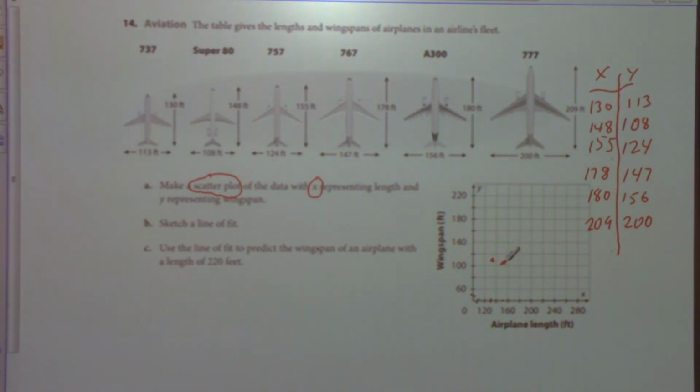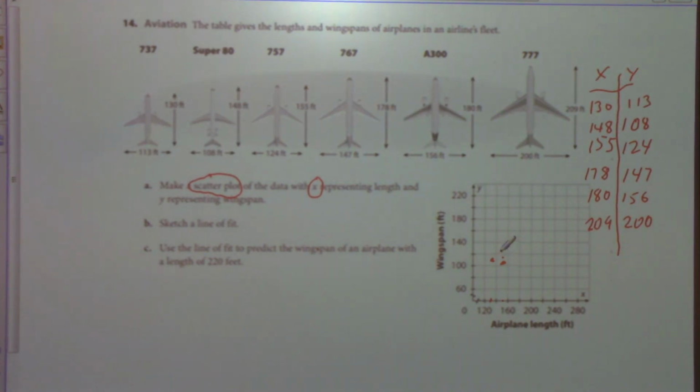Part of it has to do with the interpretation, right? You have to estimate between these values here. And will estimates be the same for everybody? No, they won't be.